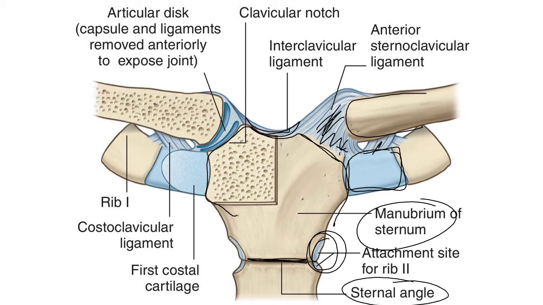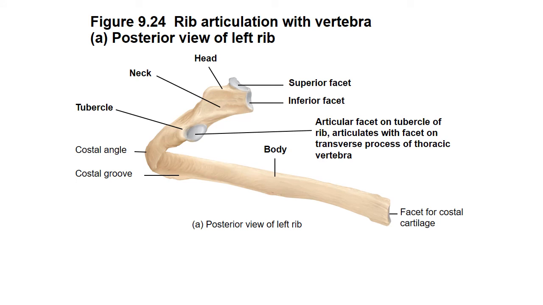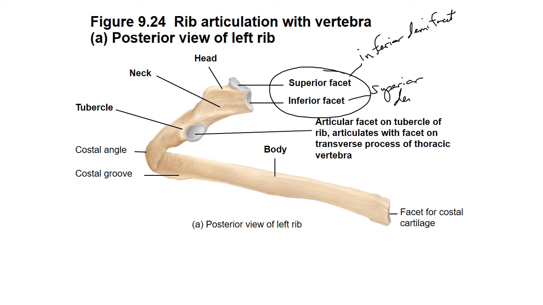Next slide. So here's how a rib articulates with a vertebra. You have the superior facets and inferior facets. They articulate with the inferior demifacet of a vertebra, and this articulates with a superior demifacet of a thoracic vertebra.